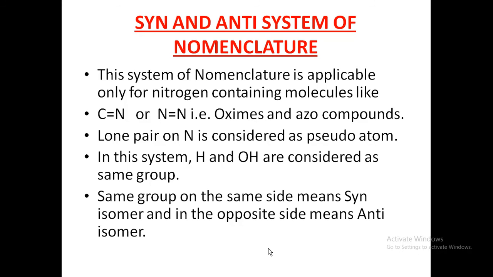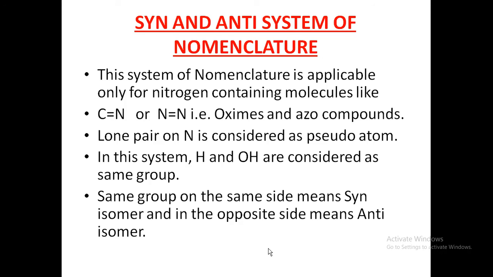Next is the syn-anti system of nomenclature. This system of nomenclature is not applicable to all the geometrical isomers like EZ. EZ is the only system which is applicable to all the geometrical isomers. The cis-trans system is only applicable when each carbon has 2 different substituents and the other carbon has these same 2 substituents.